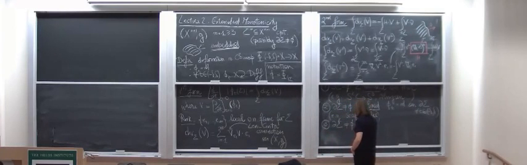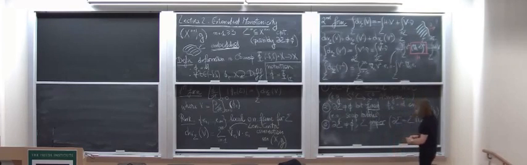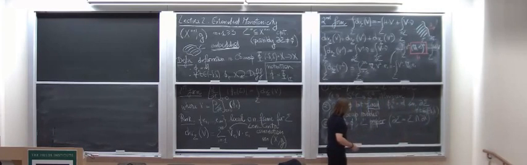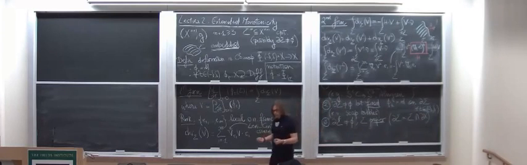So you work in a class of properly embedded submanifolds, which means the following: that ∂Σ is equal to Σ intersected with ∂X. That is to say, you want the ambient manifold to have a non-empty boundary, and you want the boundary of your submanifold to lie on the boundary of the ambient.